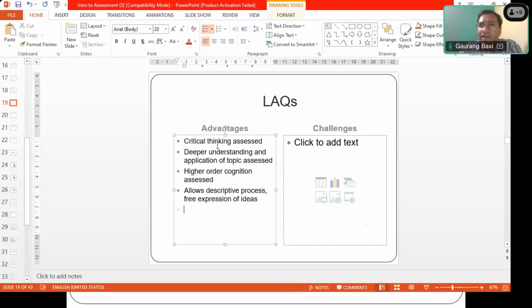Okay, so content, yes, but the free expression of ideas, yes, that is something which happens when it comes to LAQs. But is it anywhere mentioned in the curriculum that this is what the students have to learn and this is what we are supposed to assess them on? Free expression of ideas or critical thinking, for example.